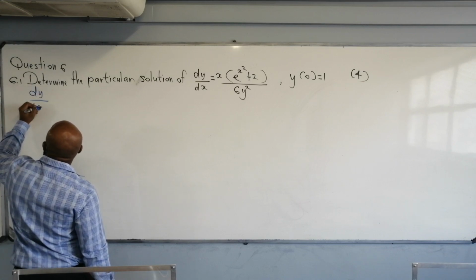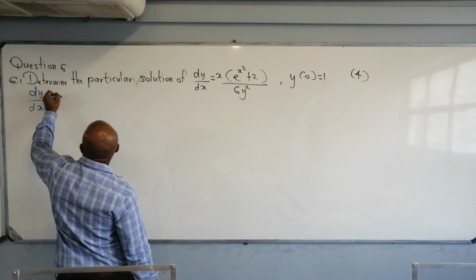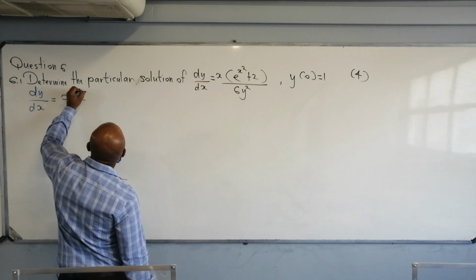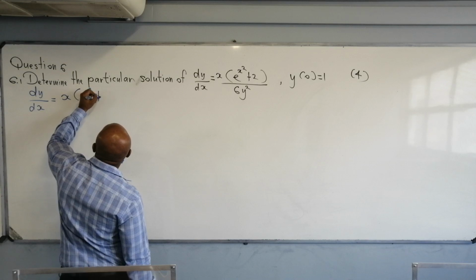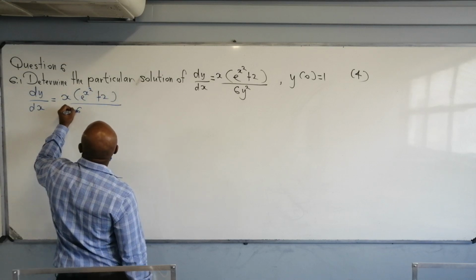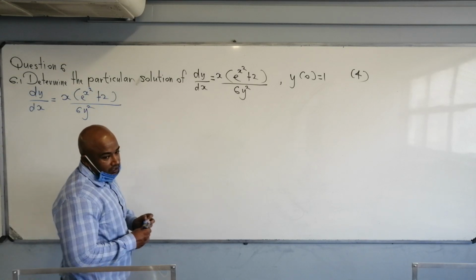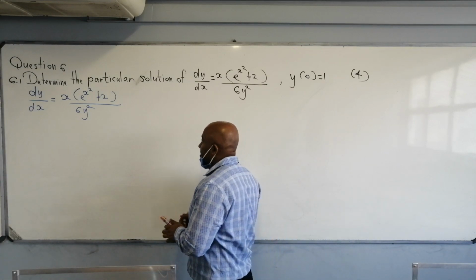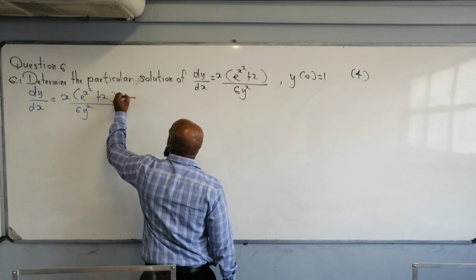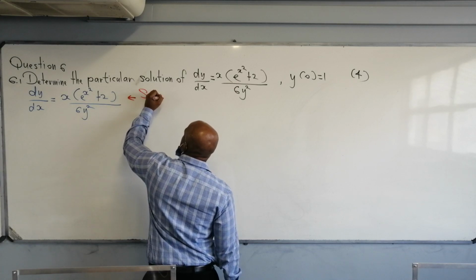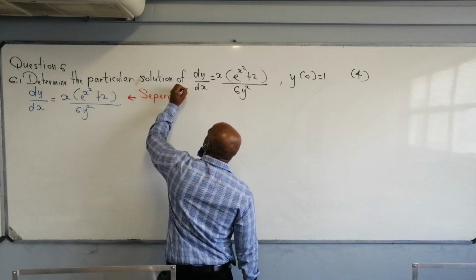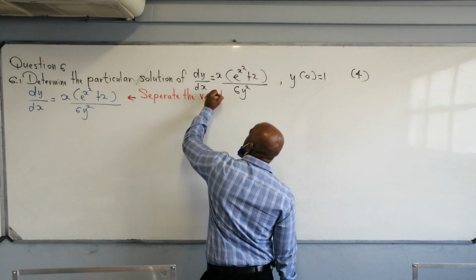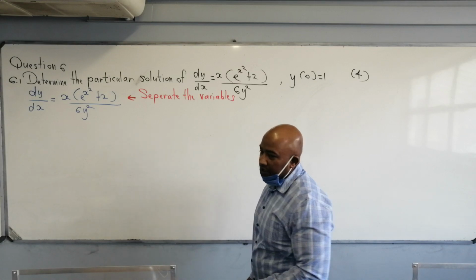dy over dx is equal to x times e to the power x squared plus 2, all divided by 6y squared. So what we need to do here is separate the variables. So what do I mean?